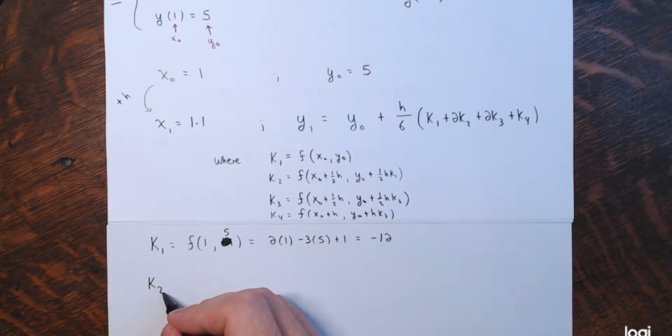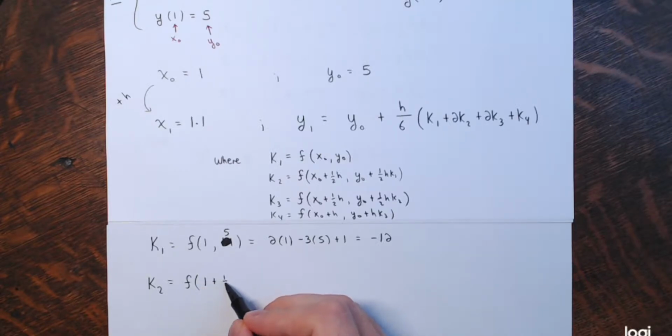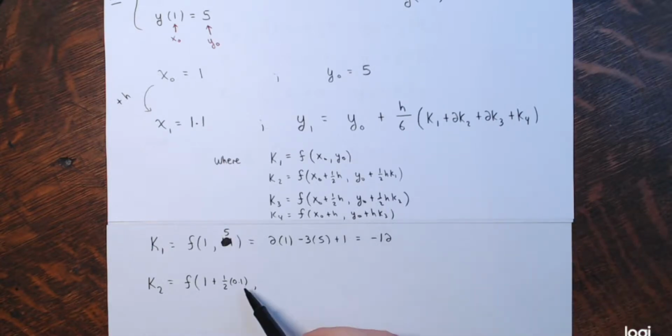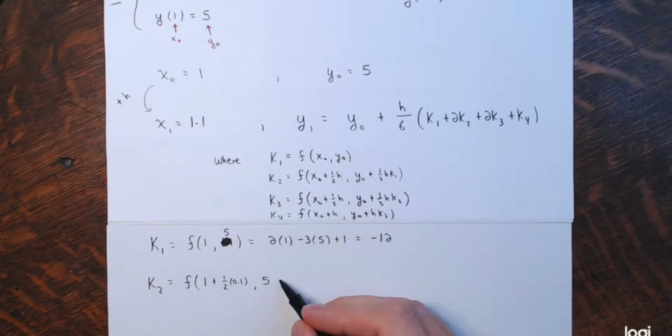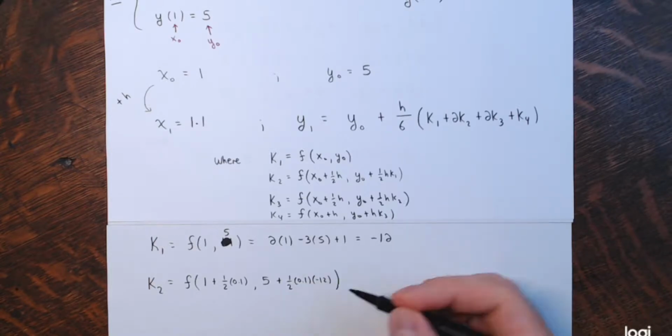Alright, so that's k1. k2 is f at 1 plus half of h, half of 0.1. Well, half of 0.1 is 0.05. And then y0 plus half of 0.1 times negative 12, times k1.